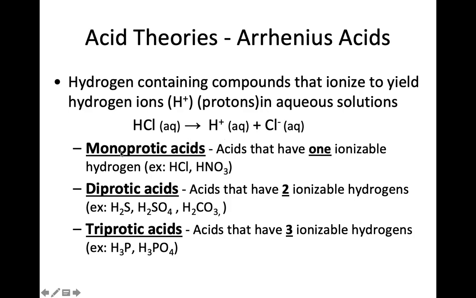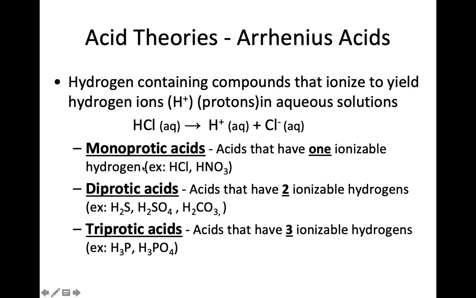Easy. So, on your guided reading, you had monoprotic acids. Those are acids that give off one. Mono means one. Di means two. So, look, 1 H, monoprotic. 2 H's, diprotic. 3 H's, triprotic. Protic, what?